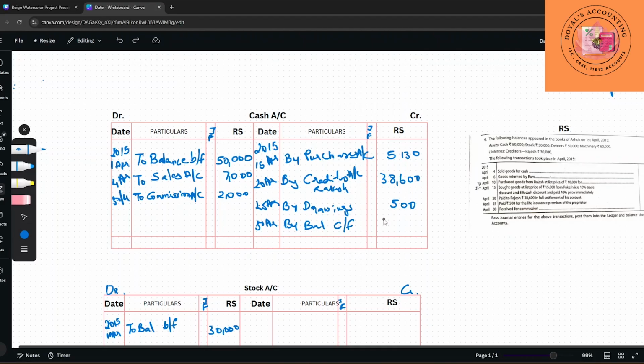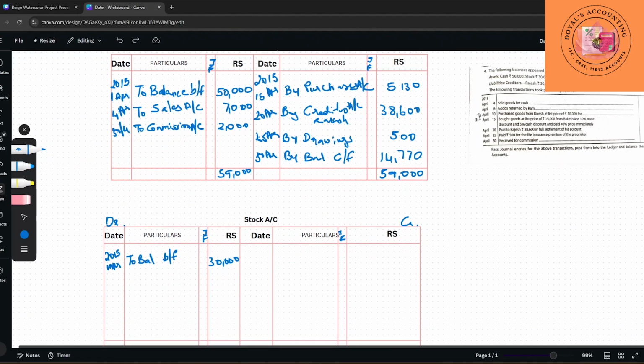So 30 April I will write by balance carried forward. I am carrying forward this balance 14,770. And here my total will be 59,000, 59,000. Okay, so we have to balance each account, and this closing balance figure will be carried forward to the next accounting period.